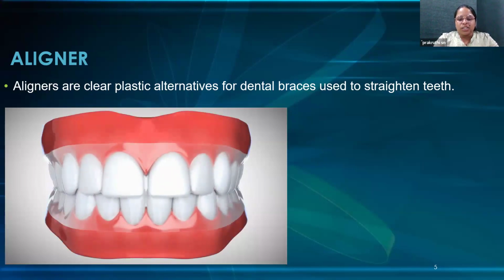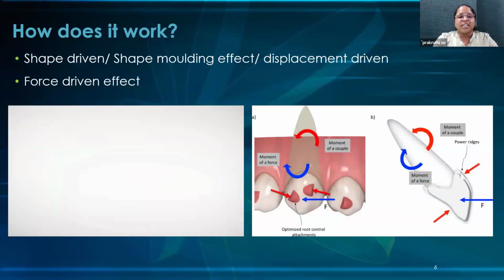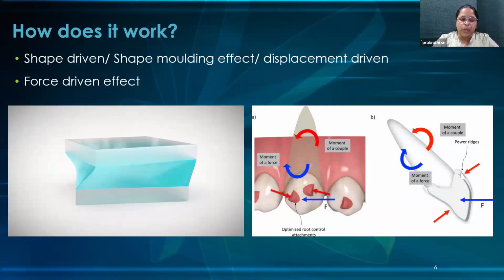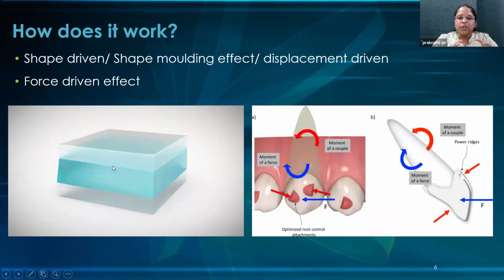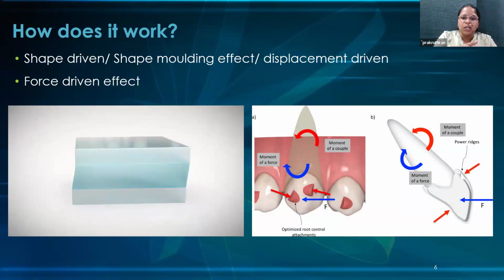These are plastic alternatives to the regular metallic or ceramic braces that we use in orthodontics. It is a plastic. How is it working? How is it moving the teeth? That might be your question. You can notice here, what we are doing is placing the plastic made on the corrected position onto maloccluded teeth.